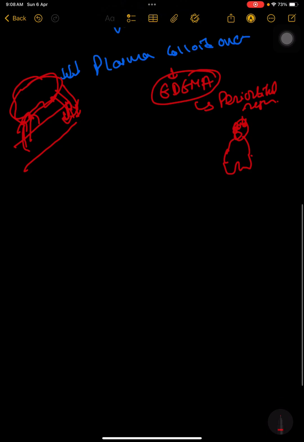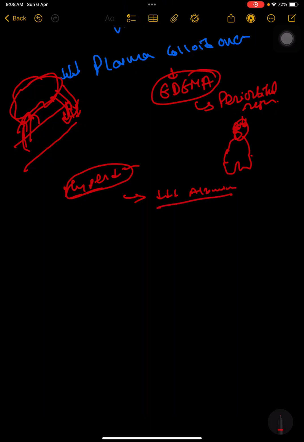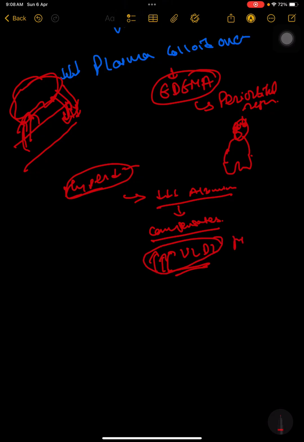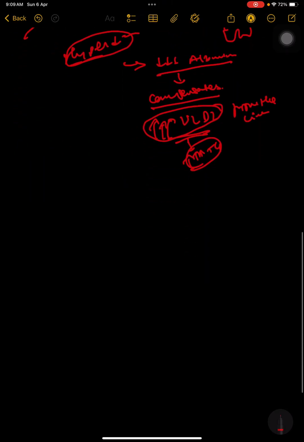There can be hyperlipidemia. So what is this concept? Whenever there is a decrease in the level of albumin, the body tries to compensate by increasing the level of VLDL from the liver, and this leads to an increase in the level of triglycerides and circulating free cholesterol.